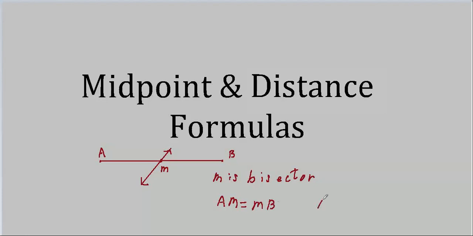Or, remember our section on congruence, we could have written segment AM is congruent to segment MB. These pretty much mean the same thing. If AM is congruent to MB, then AM and MB have the same length.